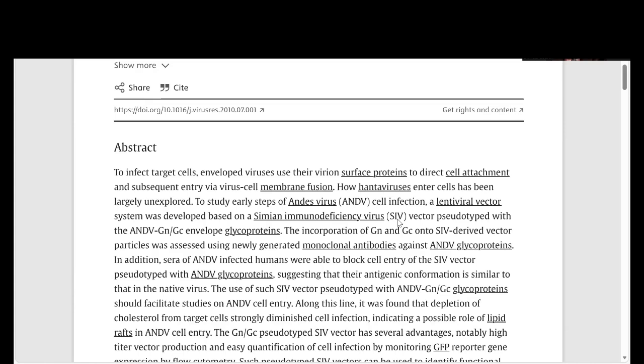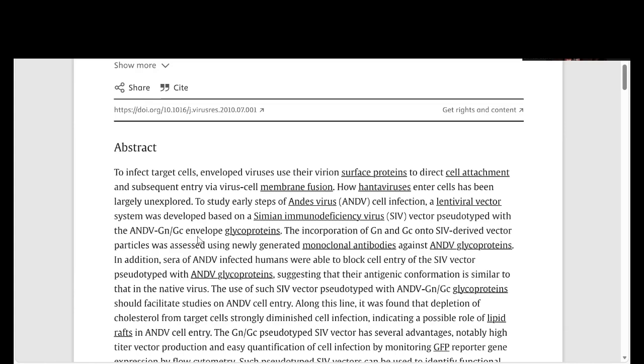do laboratory experiments. But by knowing that it can be done, you could easily in the laboratory create a non-pseudotyped SIV with the GN/GC envelope.